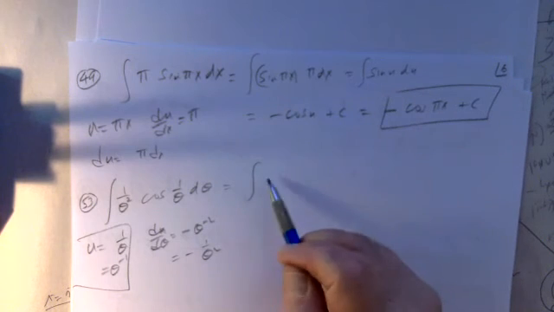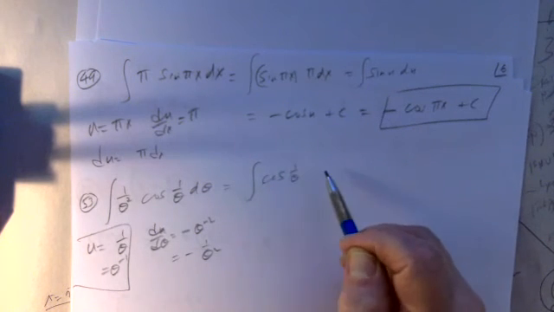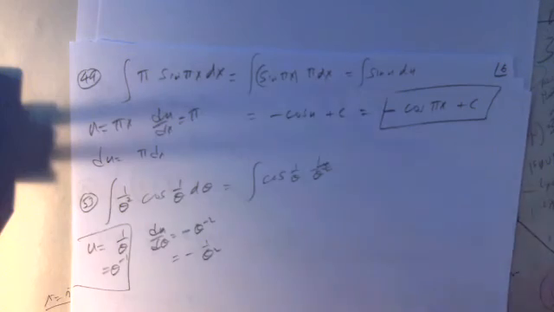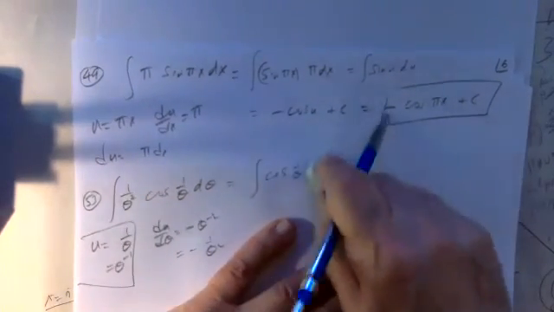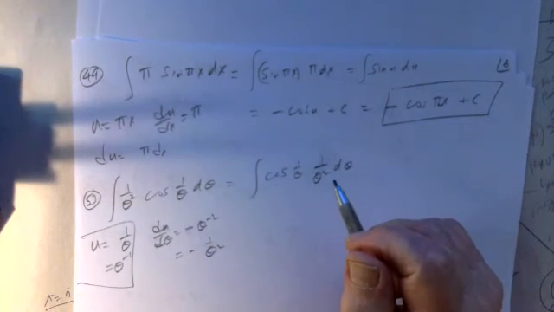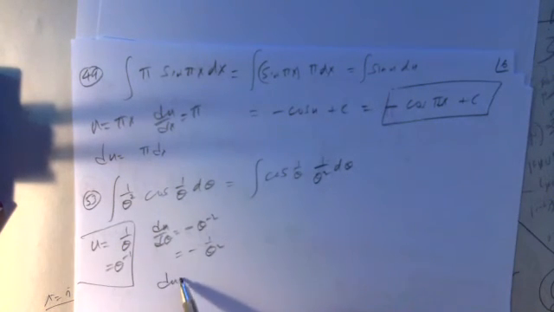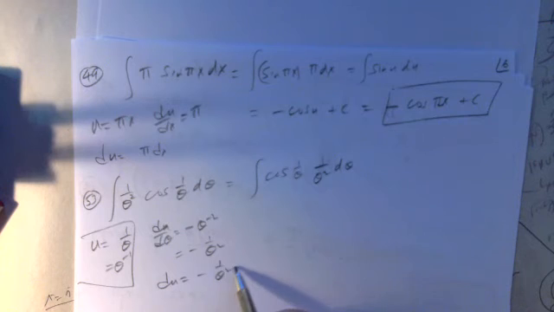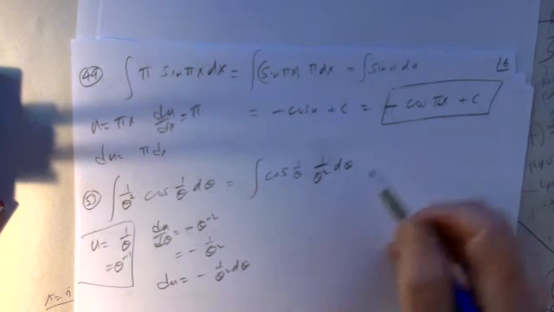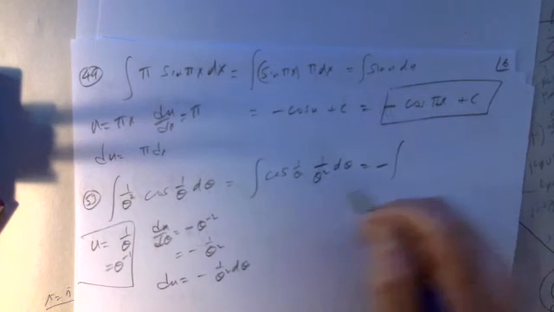So this is the integral of the cosine of 1 over theta, 1 over theta squared d theta, right? Du is minus 1 over theta squared d theta. So 1 over theta squared d theta is minus du.